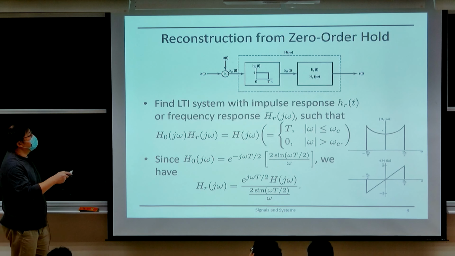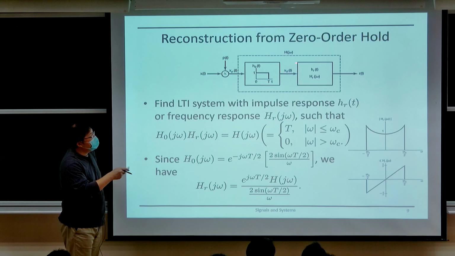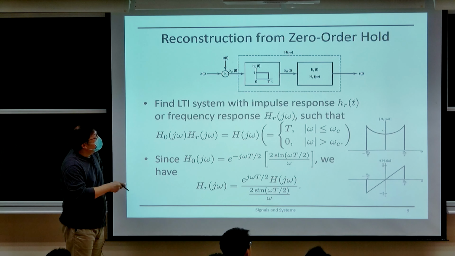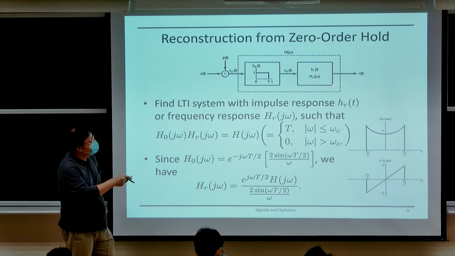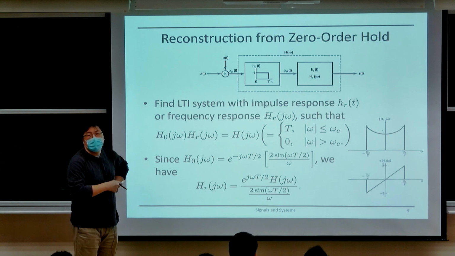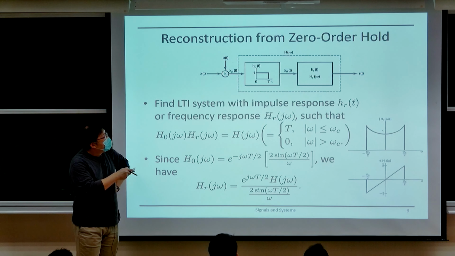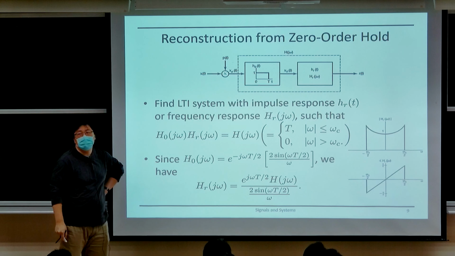So you take the output x0 of t, you pass it through this low-pass filter, HR. And if you design this HR appropriately, then you should ideally get back a signal that is the same as x of t.